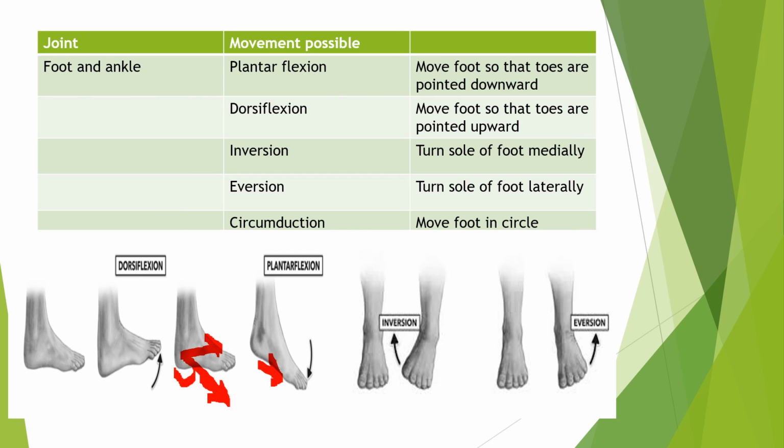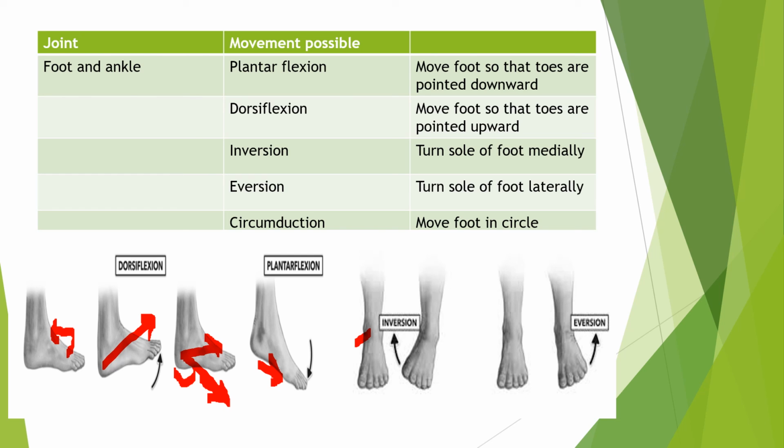We have to decrease the angle. Dorsiflexion: this is the dorsal part of the foot, and this is the plantar part of the foot. When the foot goes upward and decreases the angle, this is dorsiflexion.